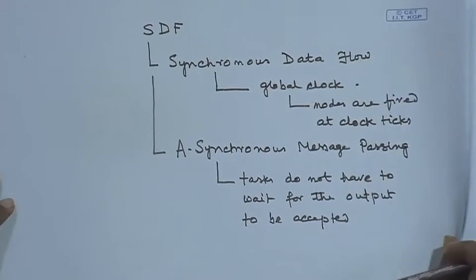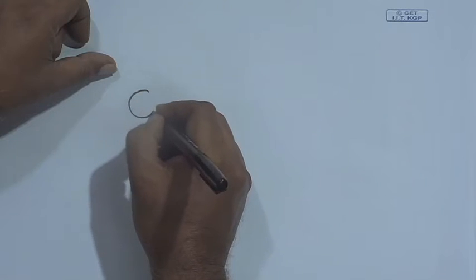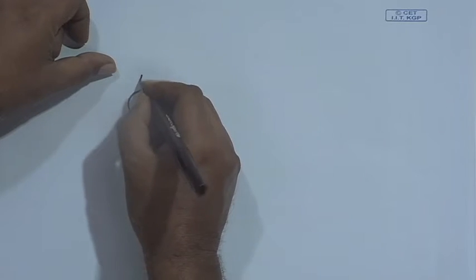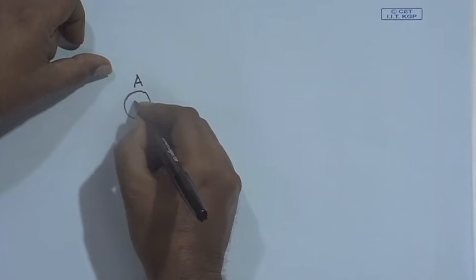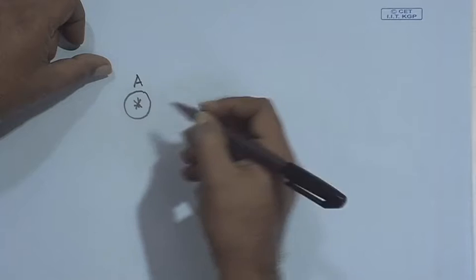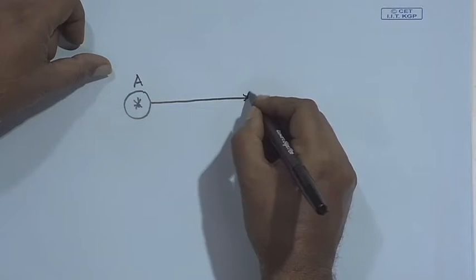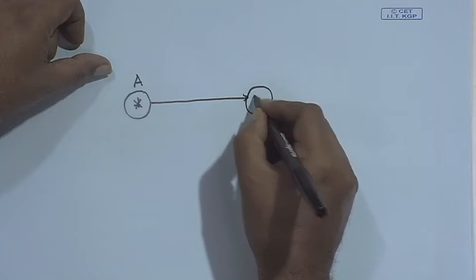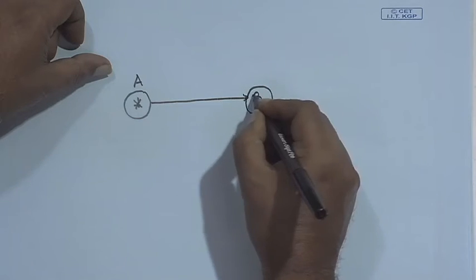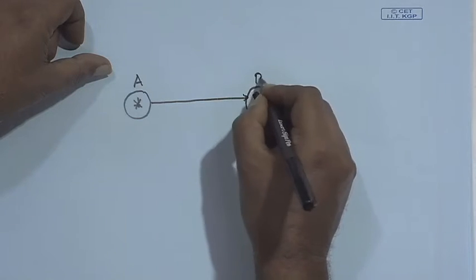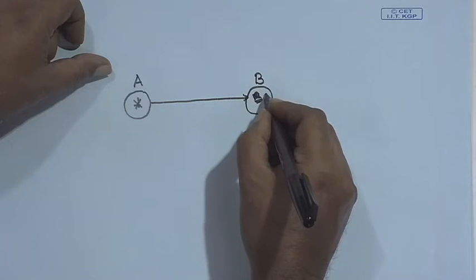Let us look at an SDF diagram. Suppose we have a task A, which is a multiplication, and a task B, which is an addition.